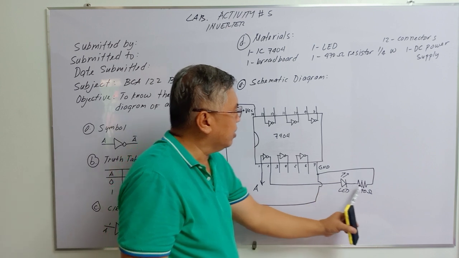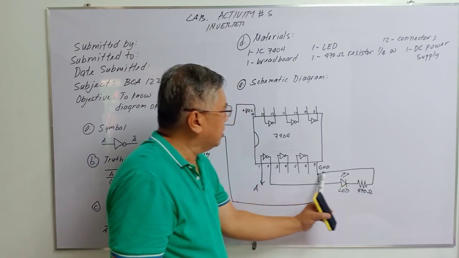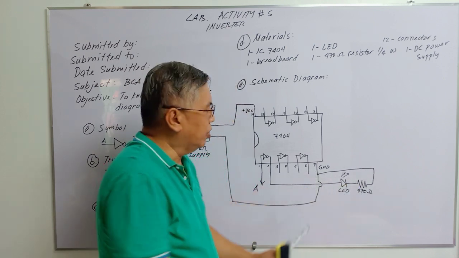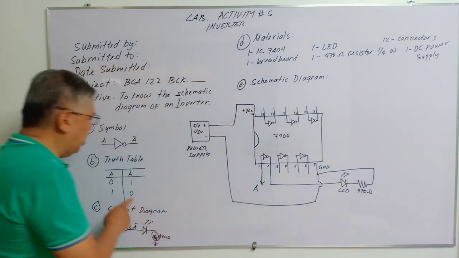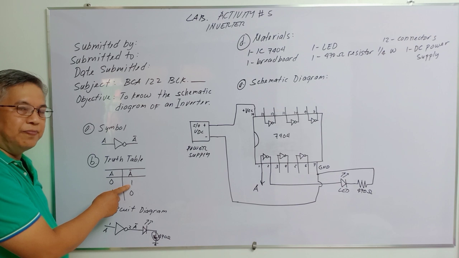In this particular case, the circuit will now be completed. So if your LED lights, that means your output here is 1.